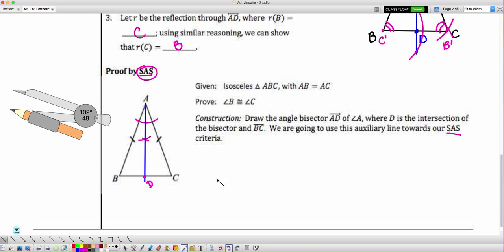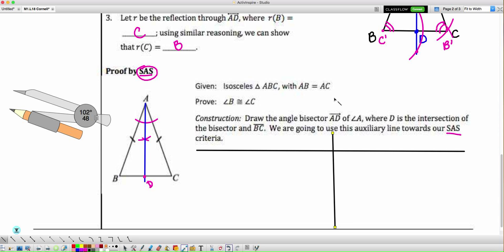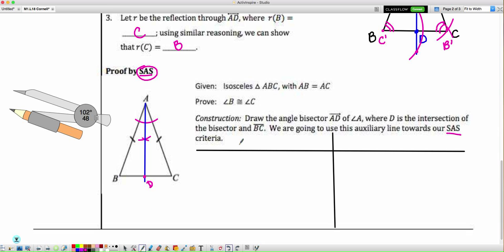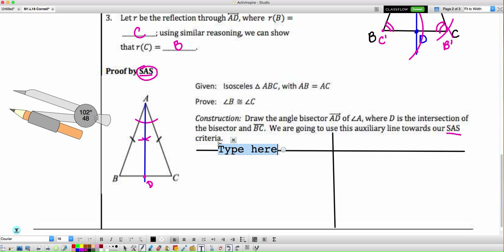So now, since I'm writing a two-column proof, I'm going to go through and draw my two columns. So I'm going to start by saying that my statements and my reasons, right? Let me type that out instead. And again, you can pause this if we need to, or just rewatch it at home.